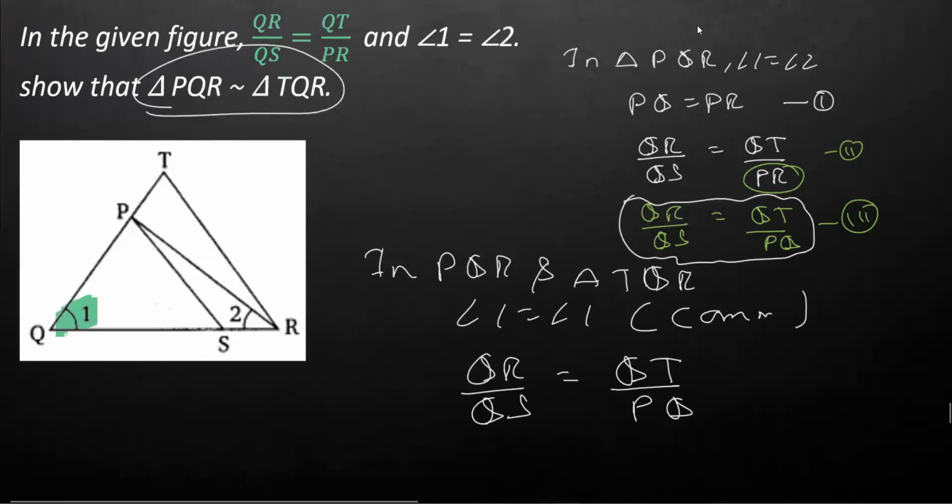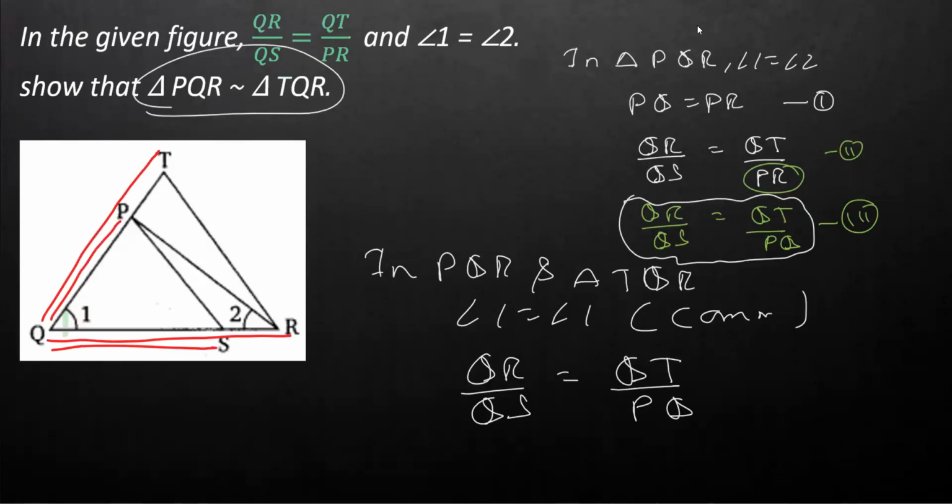Let's understand once again what we have done as of now. We have proved QR, being the part of the bigger triangle, over QS, being the part of the smaller triangle, is equal to QT, being the part of the bigger triangle, and PQ being the part of the smaller triangle.